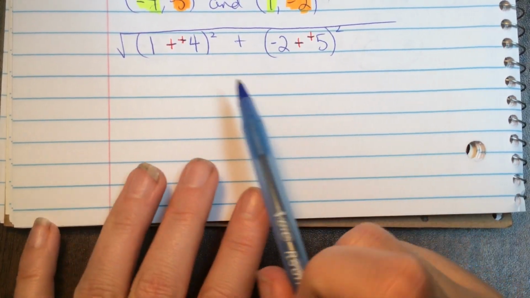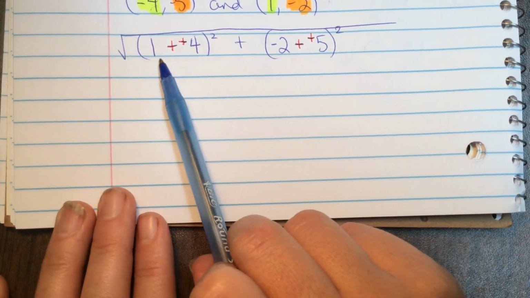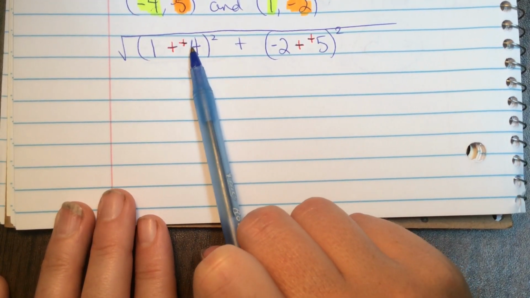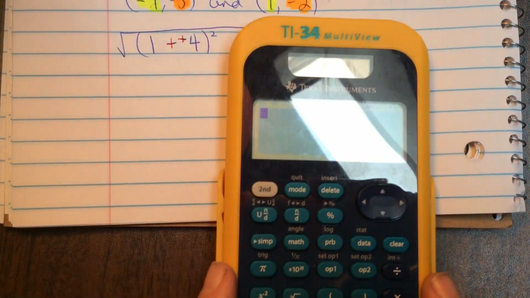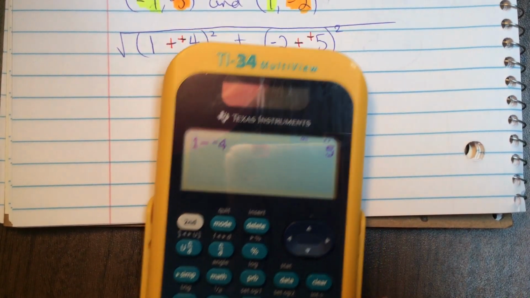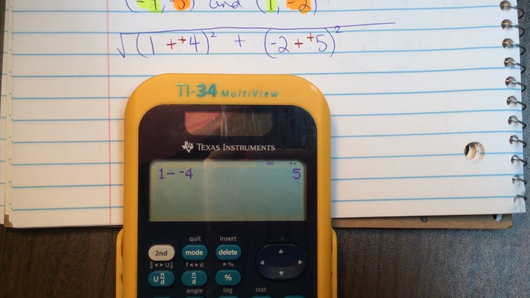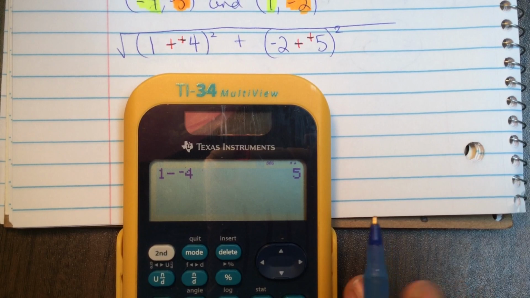I don't know if that helps you at all, but so we really have 1 plus 4. Or we could have just entered it in our calculator. Watch what happens. If I do 1 minus -4, I'm going to get 5, which is exactly what we're going to get now, because 1 plus 4 is 5. So you can still use your calculator and it'll still do it for you.